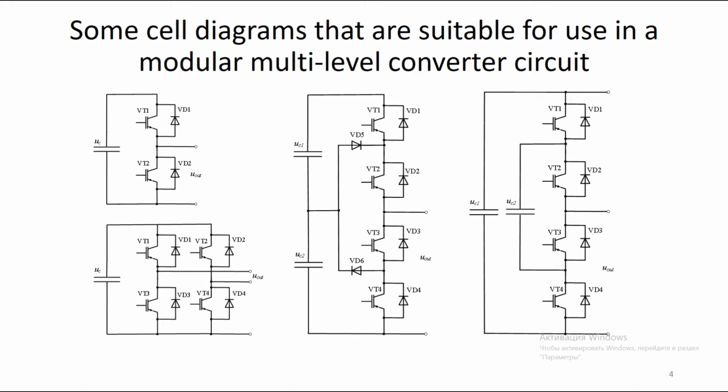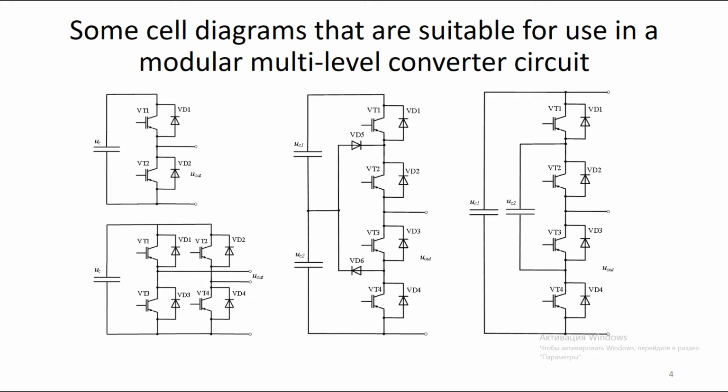The disadvantages of circuits with flying capacitors and clamped diodes are the difficulty of balancing the voltage on the capacitor dividers. The scheme of a modular multilevel converter does not require a complex transformer, and therefore its use is more appropriate for reasons of economy and reliability.